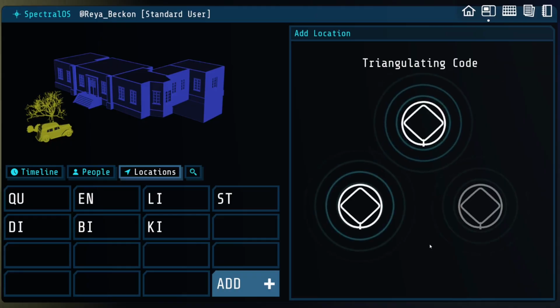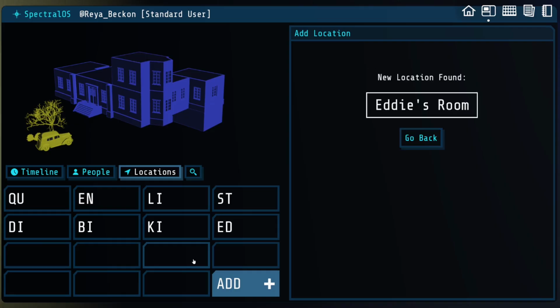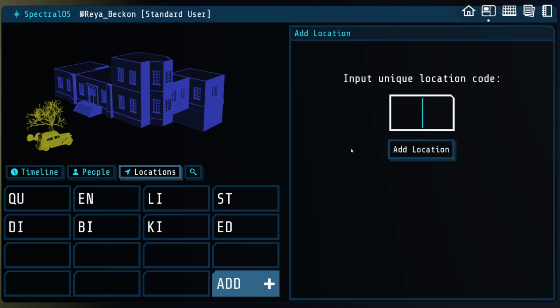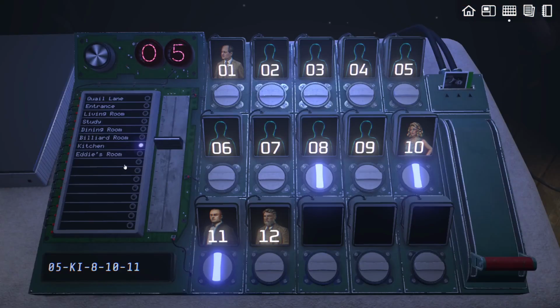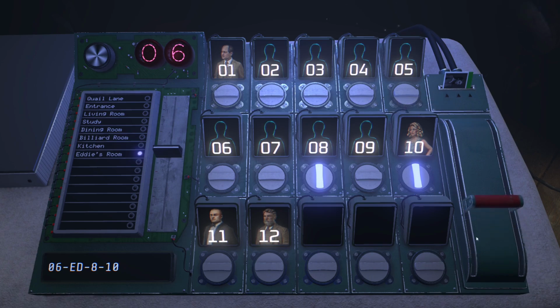I think it's just ED because everything is just the first 2 letters. Yay! Okay. And go to the machine, go to Eddie's room. After this, just these two went there. Let's go.